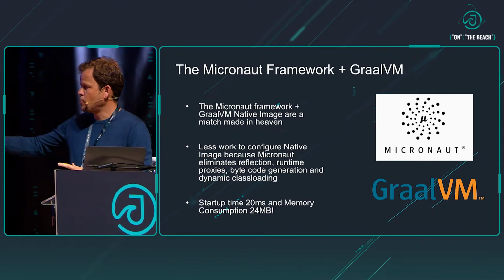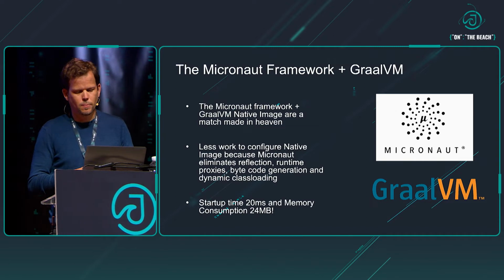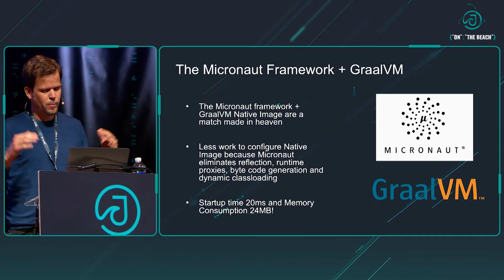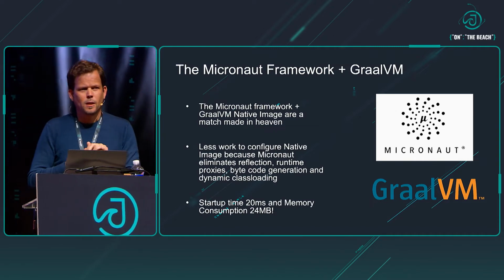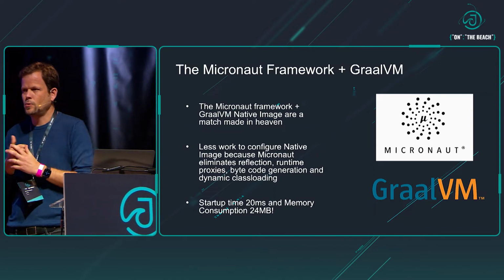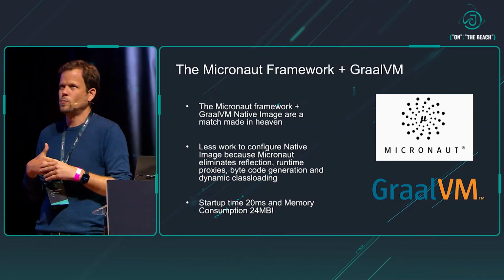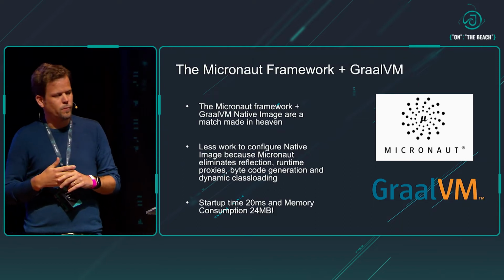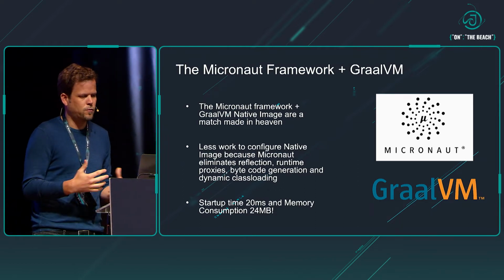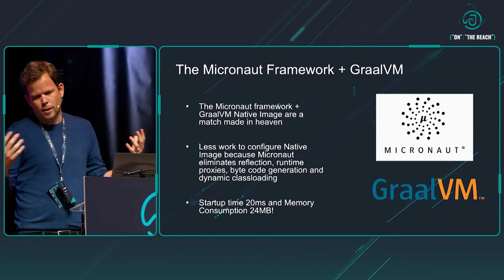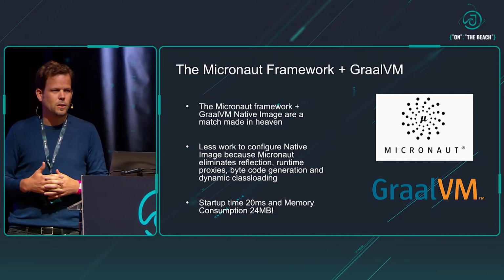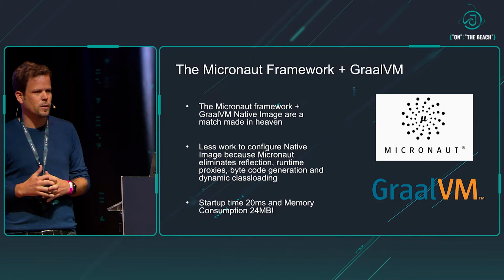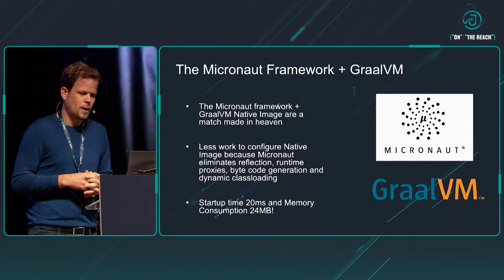And once you've compiled your application into a native image, startup time is super fast, memory consumption drops, which makes it really possible to use Java in scenarios that weren't possible before. So we have users of Micronaut and GraalVM, for example, deploying to serverless platforms. We have folks deploying to IoT devices, low memory footprint IoT devices.